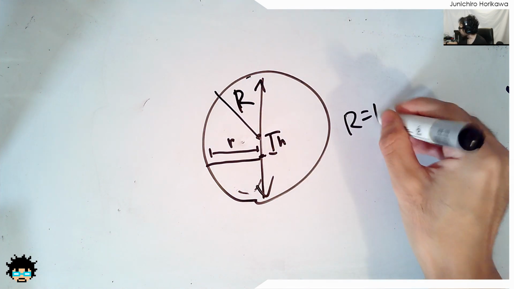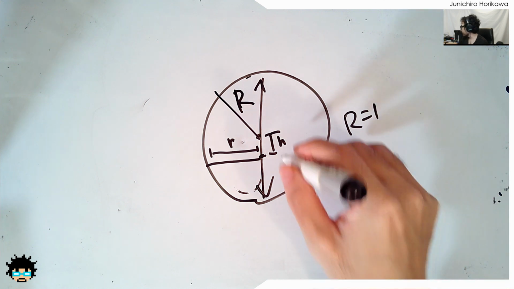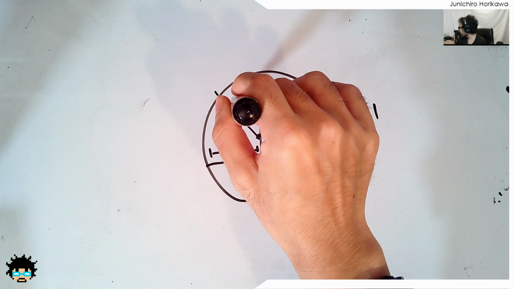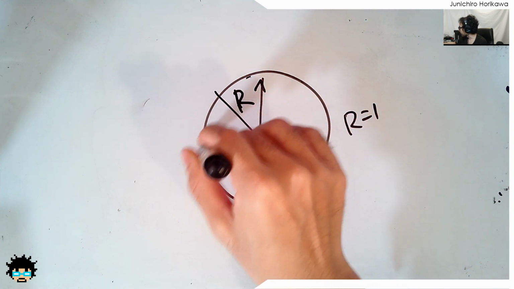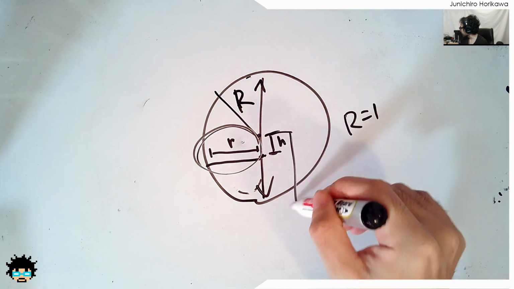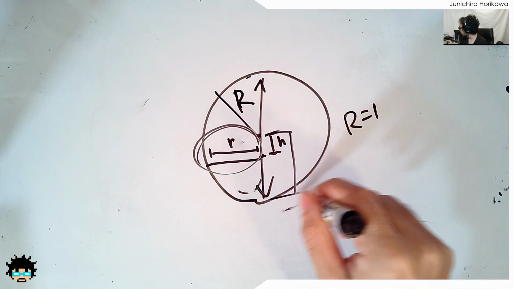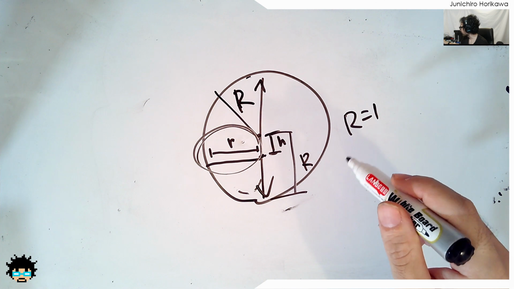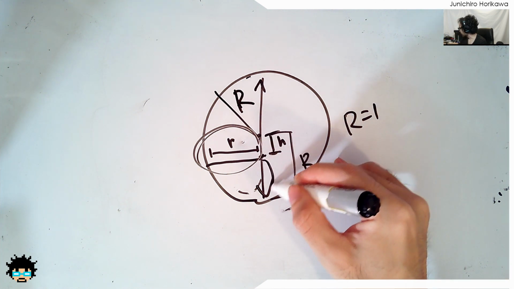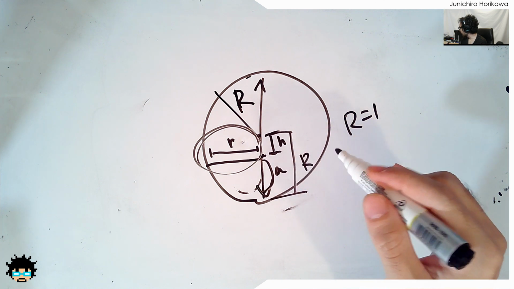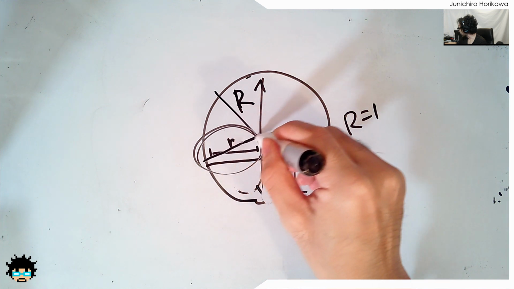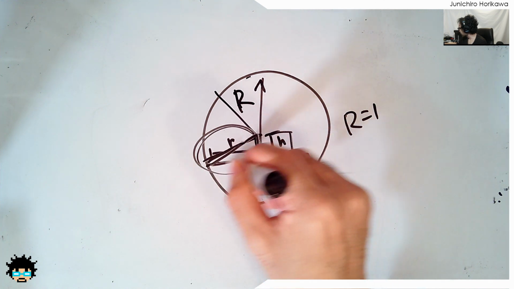The whole radius is equal to 1 currently, and h is already defined. So by having this R and h, you'll be able to get this small r as well. Maybe I can connect it and create a triangle like this, right?